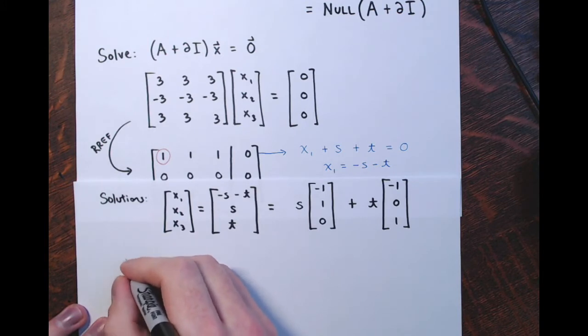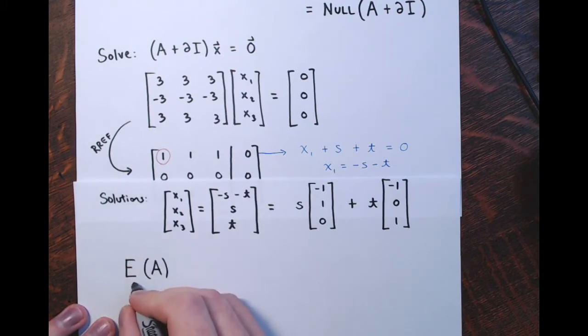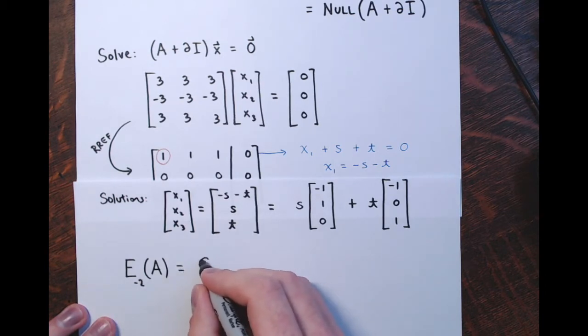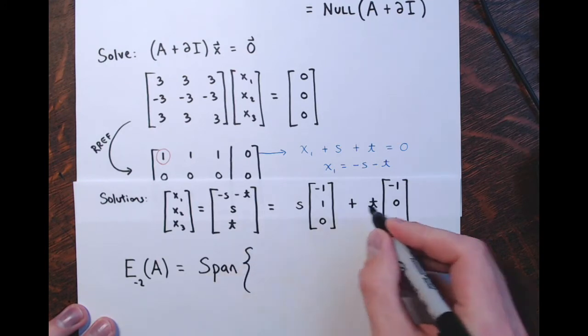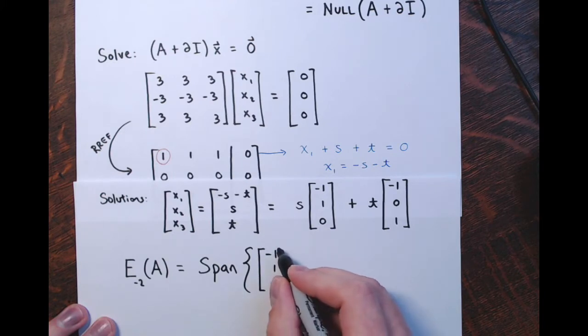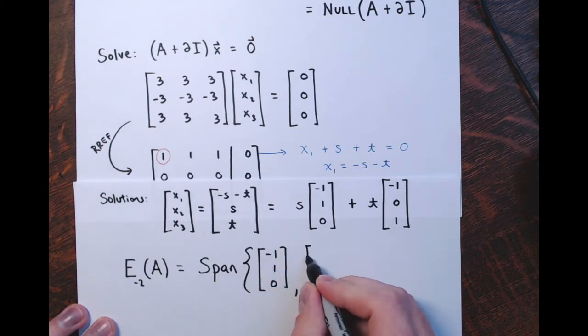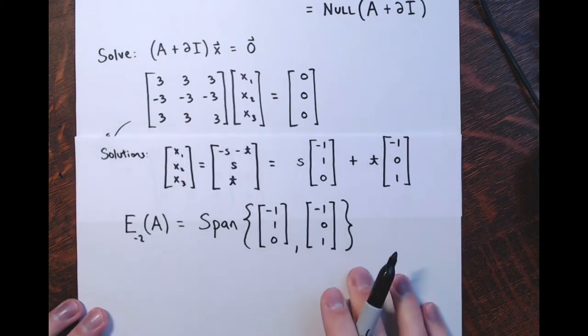So the eigenspace of A corresponding to lambda equals -2 is the span of the set with these two vectors, right? The -1, 1, 0 and -1, 0, 1. So there's the eigenspace that we're looking for.